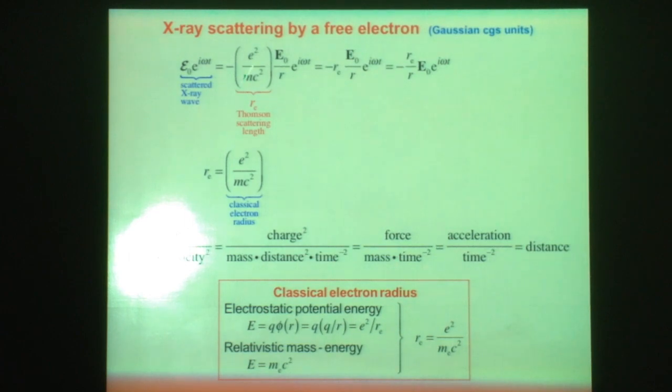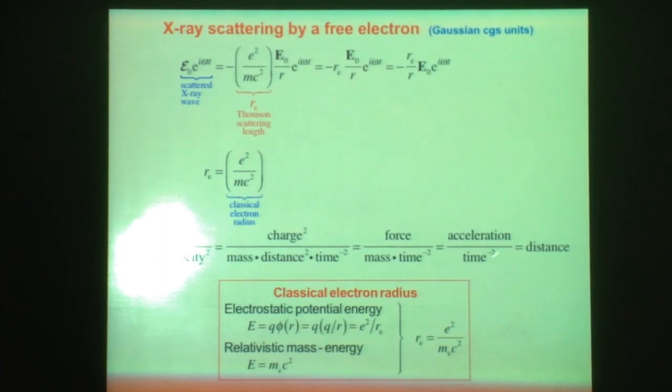We have e squared, that is the square of a charge, divided by a mass, by the square of a velocity. So if you start going through those dimensions, it's the square of charge over mass times the square of distance divided by the square of time. That comes down to a force divided by mass times the inverse square of time.